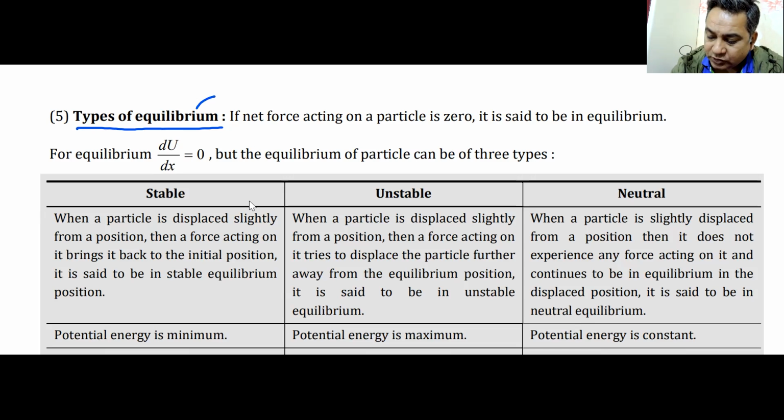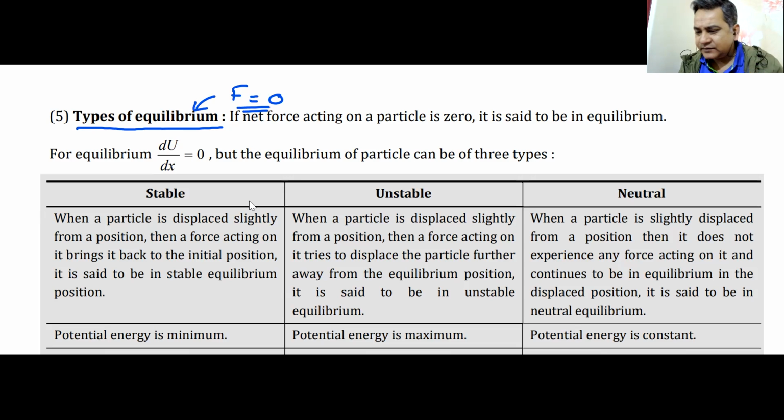As soon as the word equilibrium comes, we must understand that equilibrium only happens when force is zero. There could be many forces acting on the particle, but the net force, if it is zero, then the particle has to be in equilibrium.